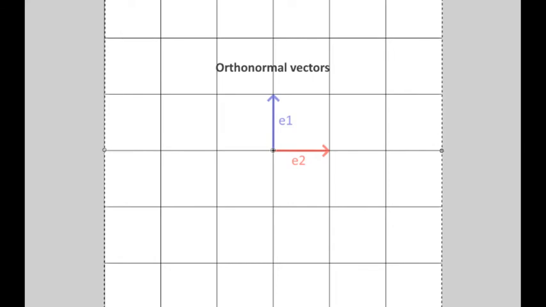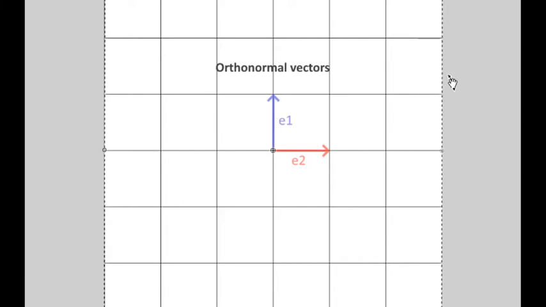When we think of regular coordinates, it's (1, 0) and (0, 1). So there's an x component and a y component, an i component, j component. That's the standard basis vector. And all orthonormal vectors are just rotations of the standard basis vector.